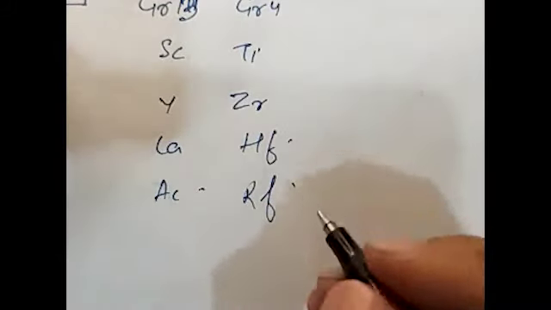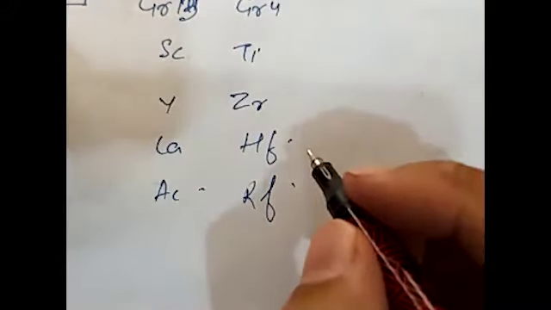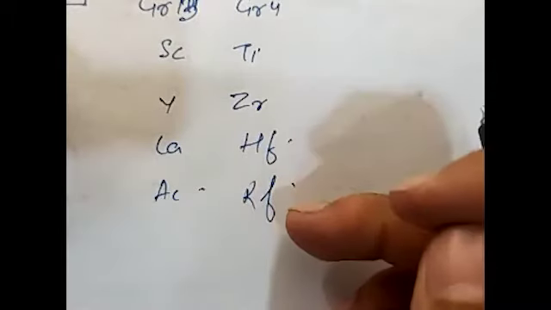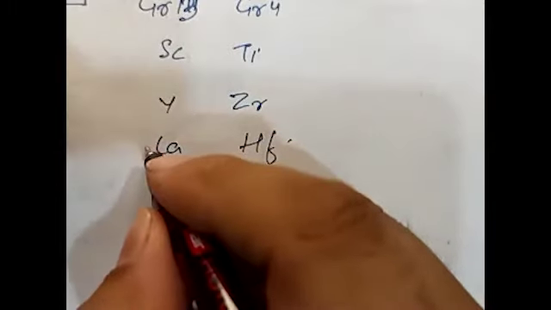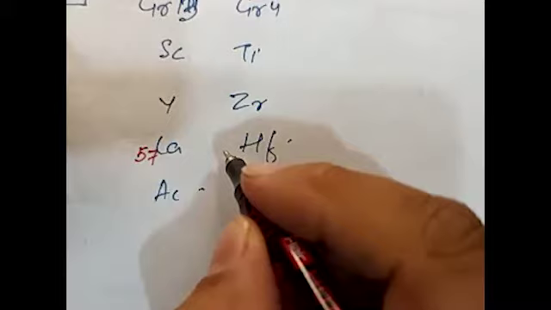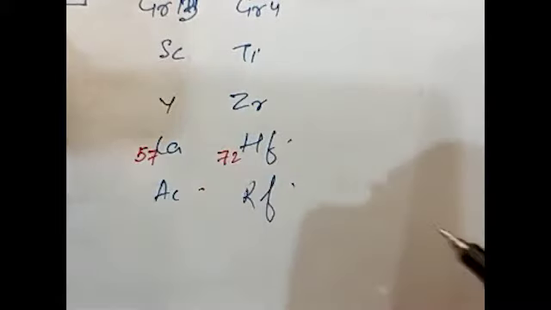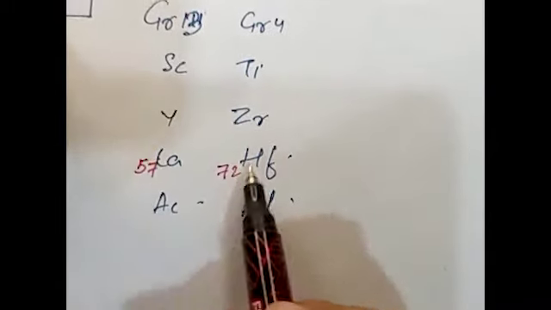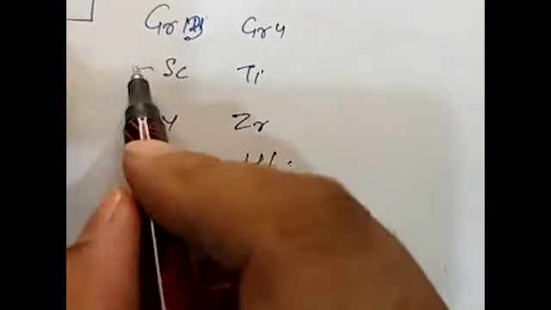So this is 57, and this is directly 72. This is the 3D series, which means fourth period.